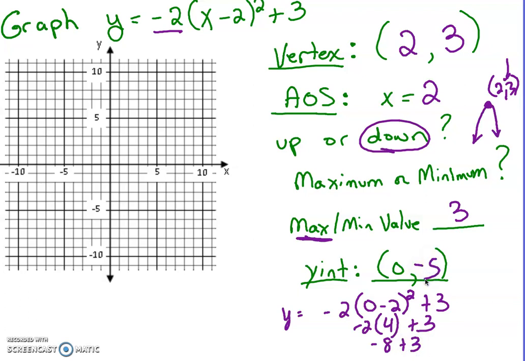So the y-intercept is (0, negative 5). So if I start to graph this, it's (0, negative 5), and then go to (2, 3). And remember, this is also the axis of symmetry. And then you can also just flip this one over and you have your parabola. This is your vertex, that's your AOS, and this is your y-intercept.